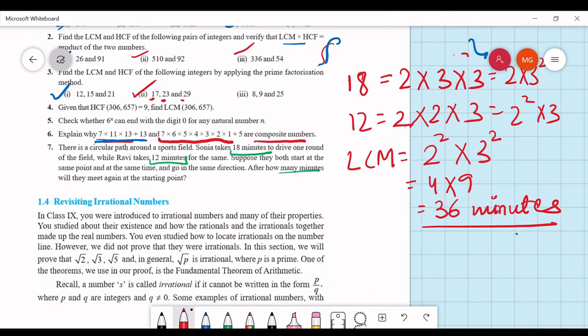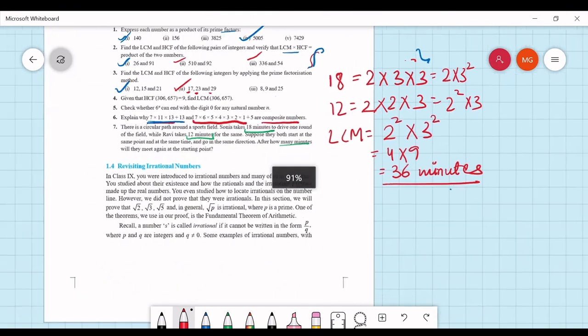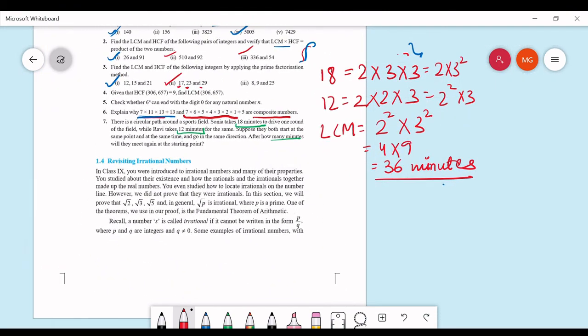Now see how this is going to happen. Suppose the person completed this in 12 minutes. Then again he will be completing it in 24. Then again he will be completing it in 36, right?